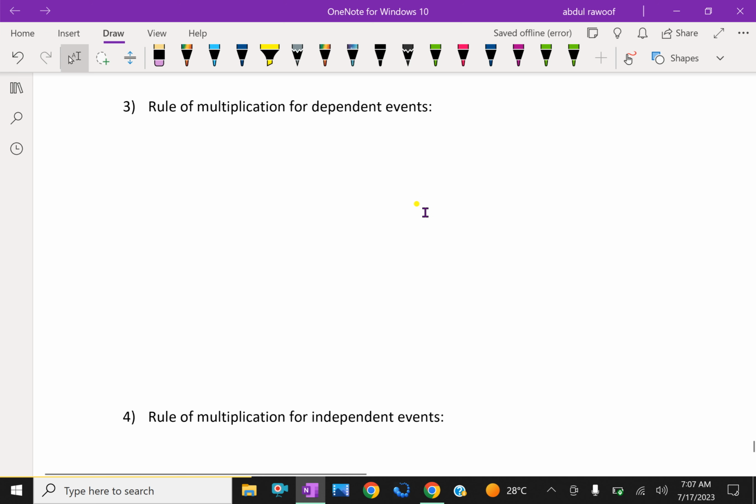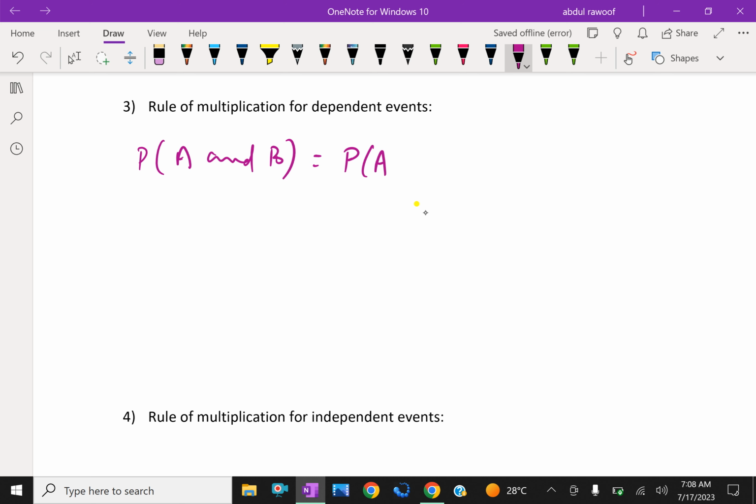Then the joint probability of A and B is P of A and B equals P of A times P of B given A has happened.